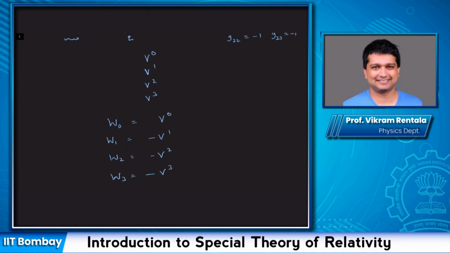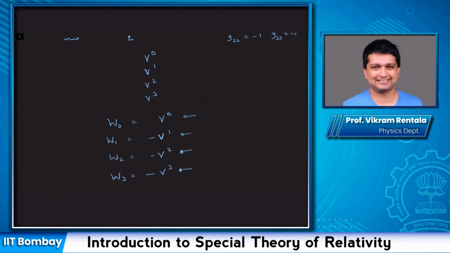So it's not that I've constructed a new 4 vector, it's just that I've taken the components of the old 4 vector and performed an operation on them. I'm still talking about the same 4 vector, but I've just redefined the components of that 4 vector.